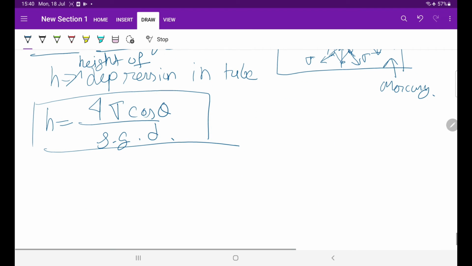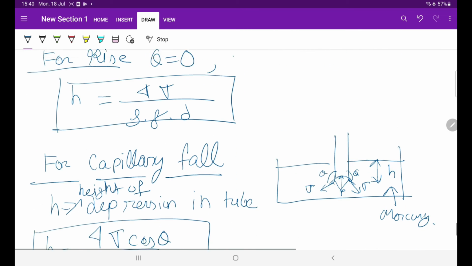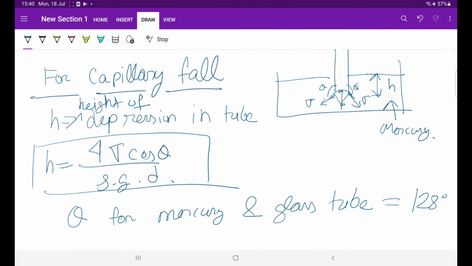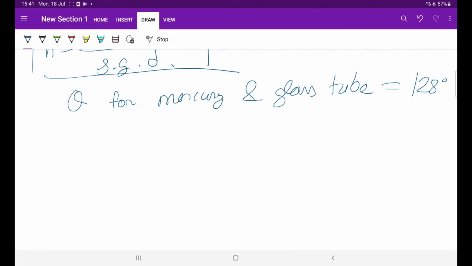If nothing is given in the question, then theta for mercury and glass tube is 128 degrees, or else whatever is given in the question you can take. If it is not given, and you know the liquid is mercury and the tube is of glass, then it is 128 degrees.